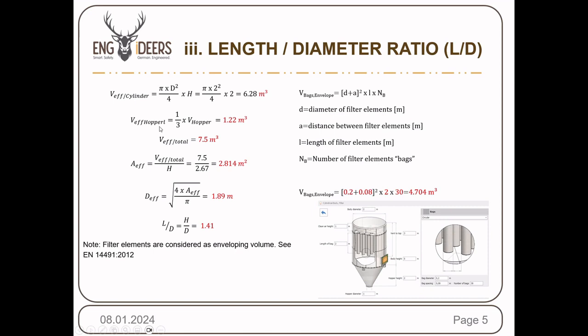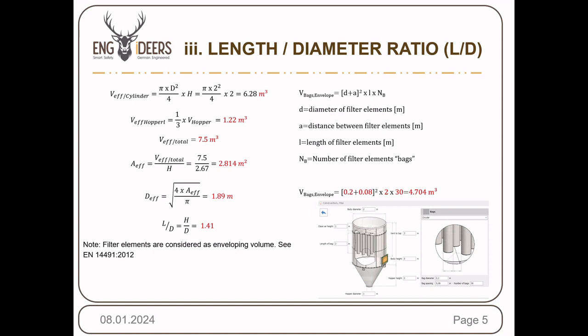So we calculate the hopper volume and multiply this by 1/3, which is given in the EN standard. This is because it is considered that, because of the shape of the conical part of the dust collector, only 1/3 of the hopper usually takes part in the explosion.